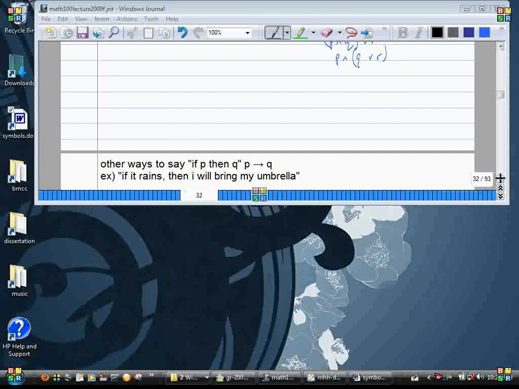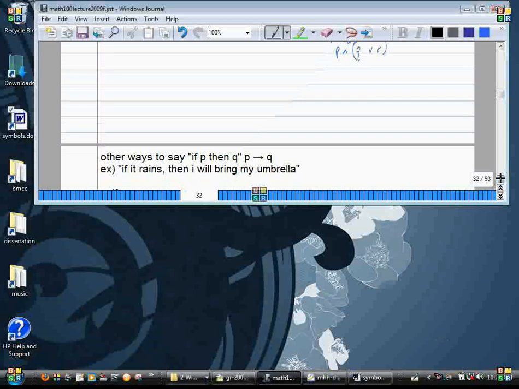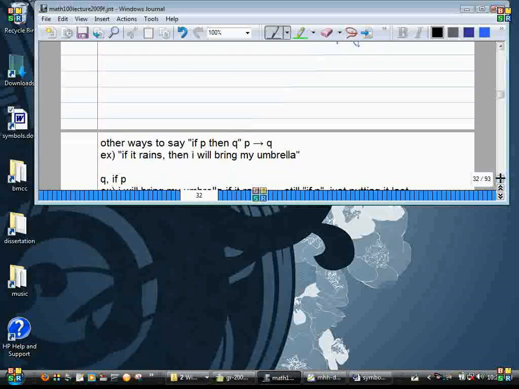This particular sentence is not the only way to express this as an if-then statement, at least not the only way in words. What's another way that we could say this? No, see, if I bring my umbrella then it rains, that's a different statement.